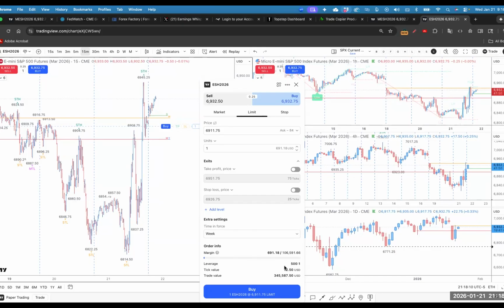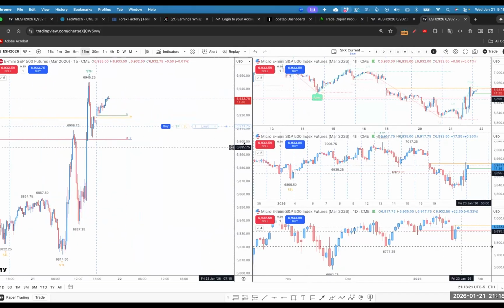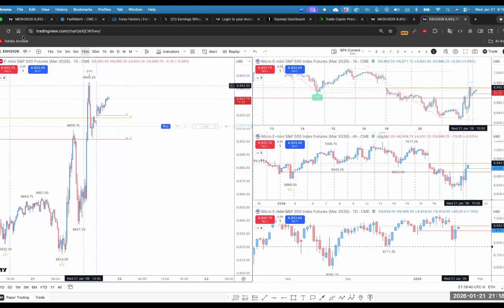Every tick is 0.25. The current price is 69.3275.75. If this goes up 0.25, that means we're at 69.33, and you would have gained $12.50 on this. Make sense?